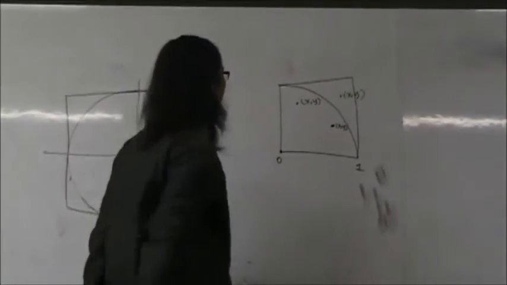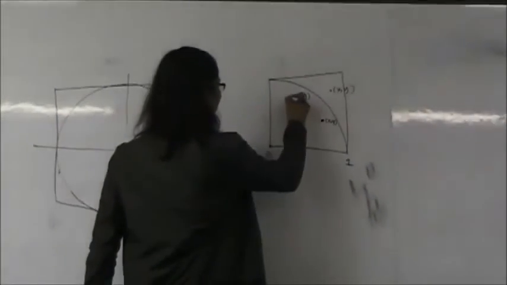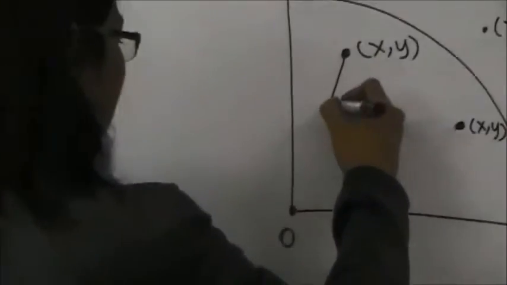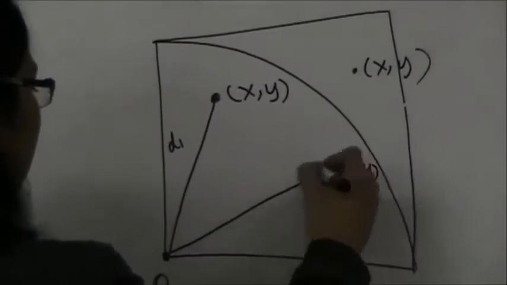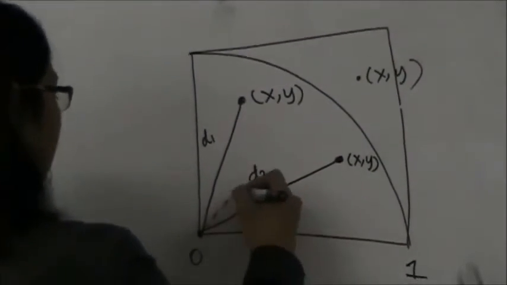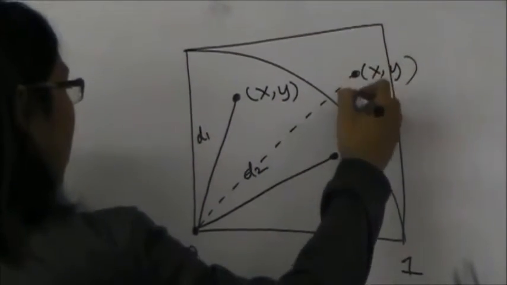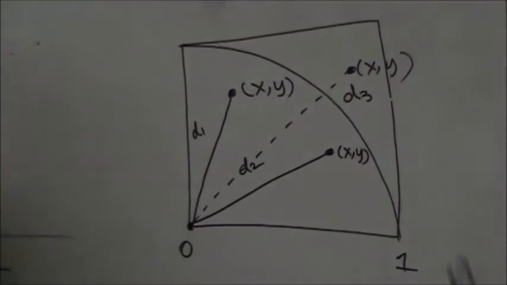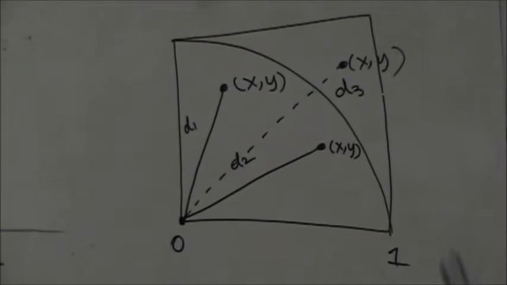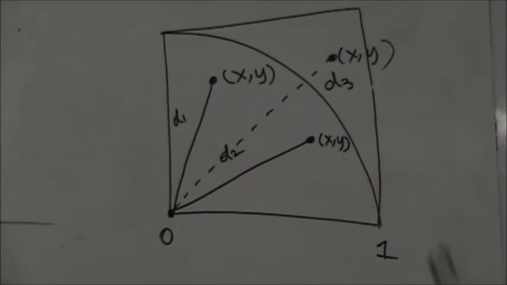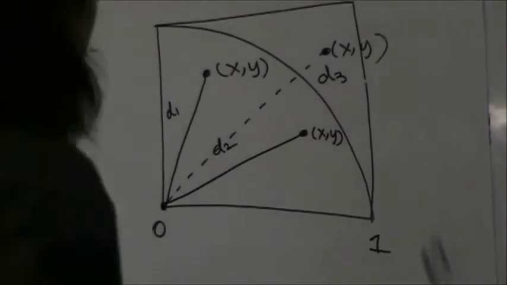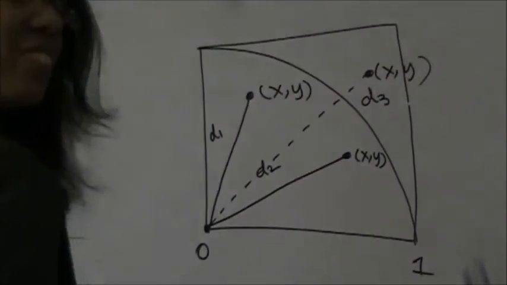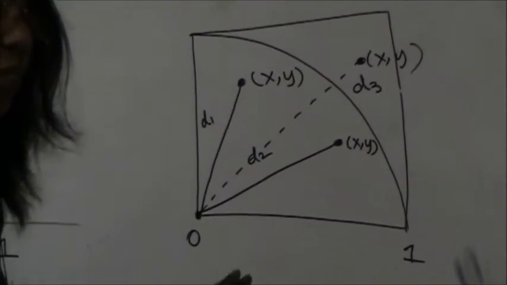And you see that no matter where it is, we can calculate the distance from the origin. And you know that it is outside when it is more than the radius of the circle. Seems to be promising, so we'll try this.